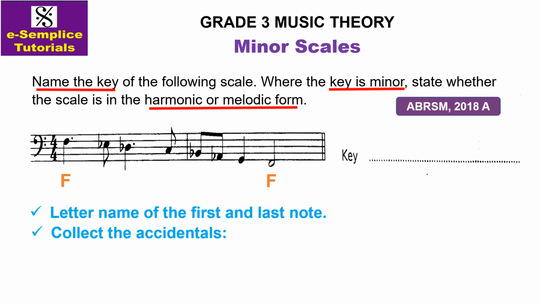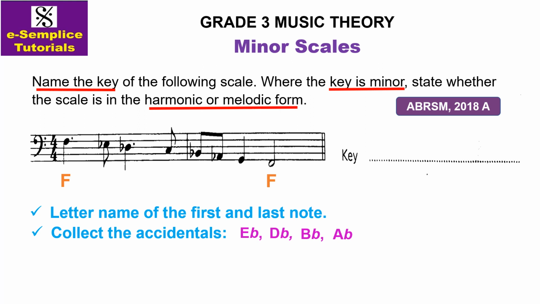Collect the accidentals. Now, let's collect the accidentals in the scale above. We have E flat, D flat, B flat, then A flat.